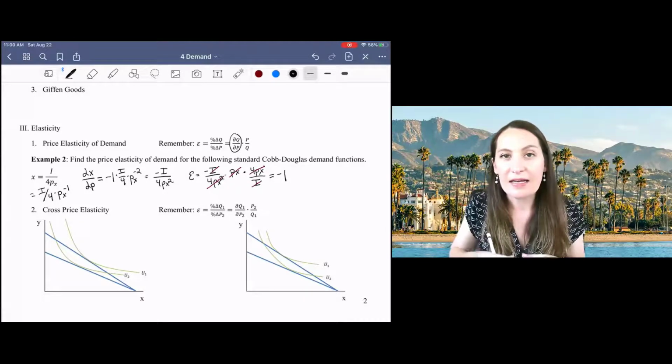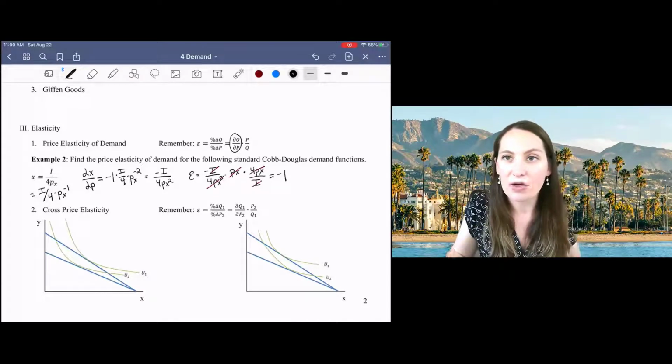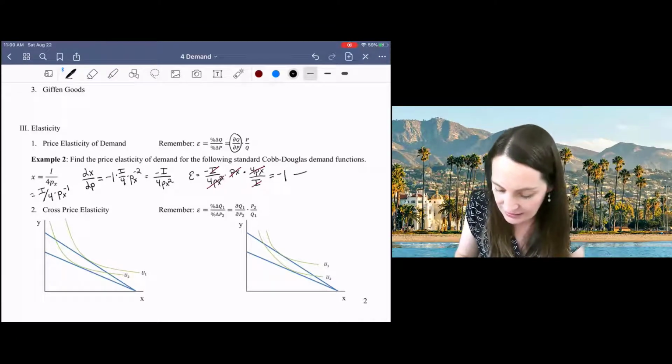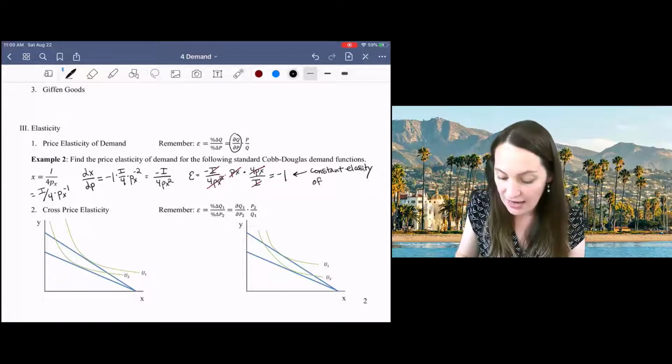And this does not change with x or px or I. No matter what the value of our variables, the elasticity of a Cobb-Douglas demand function is always negative 1. This is called a constant elasticity of demand. The elasticity of demand does not change as consumption changes.